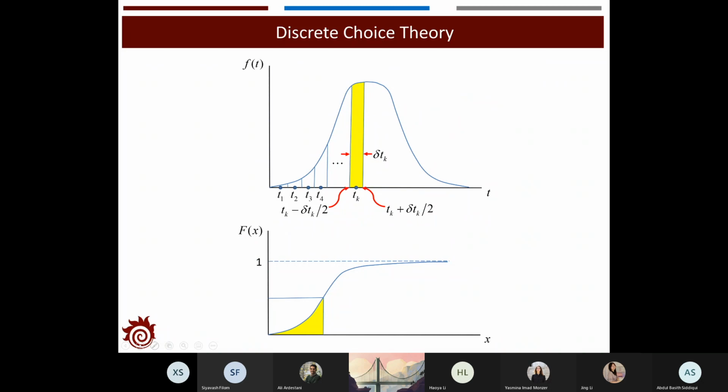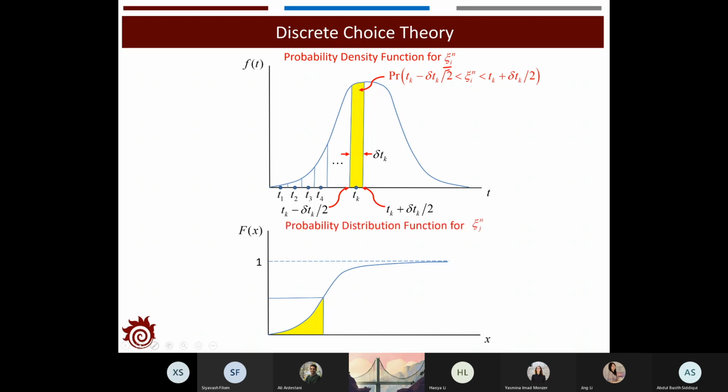So first of all, let's assume that the first one is the probability density function for epsilon I, and then we can find out the probability of the yellow region, that is, epsilon I between these two ends.